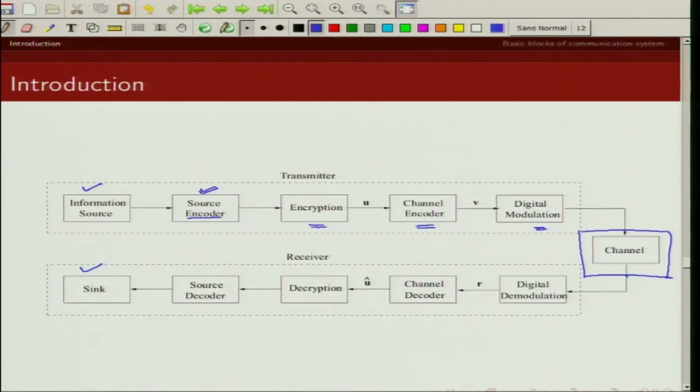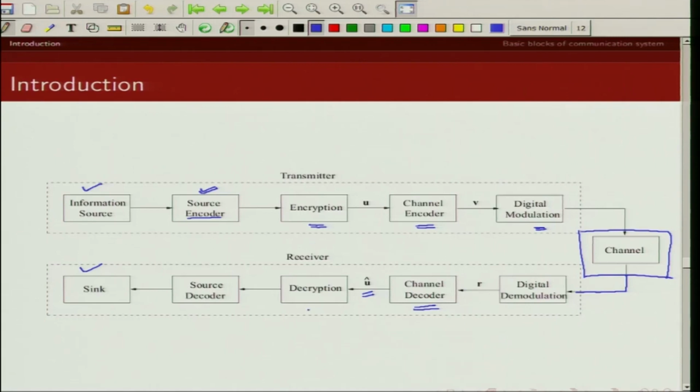The output of this channel will be a noisy version of the transmitted waveform. So after demodulation you would try to correct and detect errors in your message source. Once you do that, you give an estimate of your information bits.